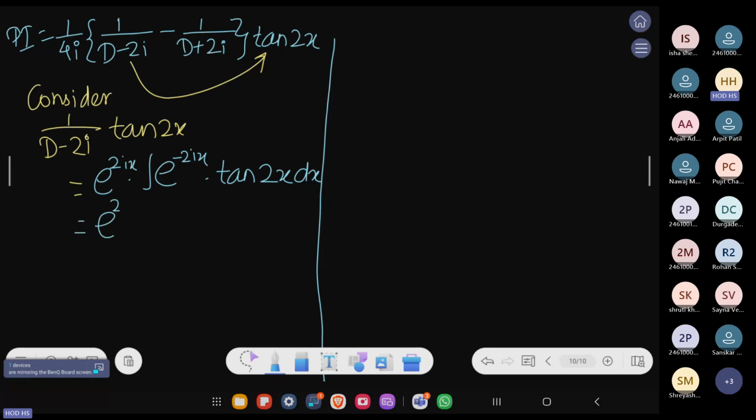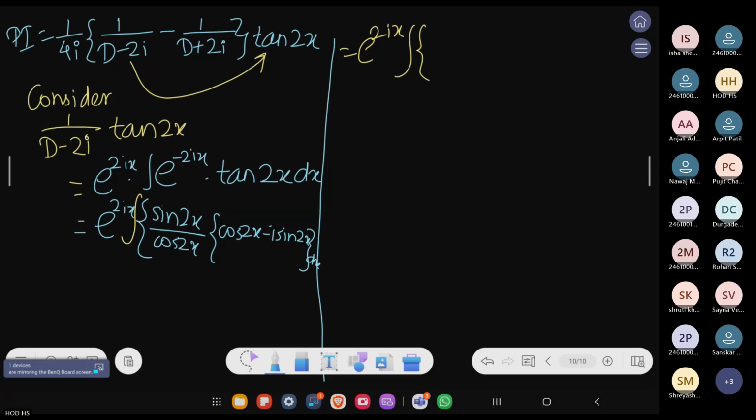keep that as it is and write it down as sin 2x divided by cos 2x into, this will give me, cos 2x minus i sin 2x dx. Okay, I need to integrate, right? So this will be e to the power 2ix, the integral where cos 2x and cos 2x will be cancelled for the first term.